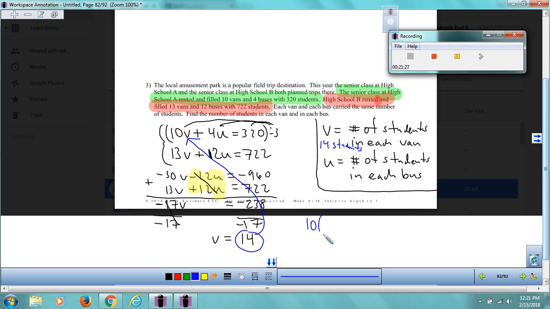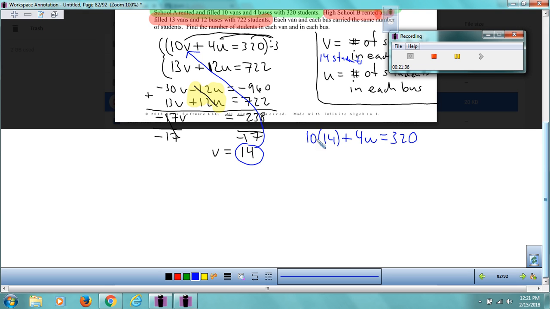So we have 10 times 14 plus 4U equals 320. All right. First step, multiply 10 times 14, which is 140. And then we are going to subtract 140 from both sides. And the last step is to divide both sides by 4. And what we end up with is 45.